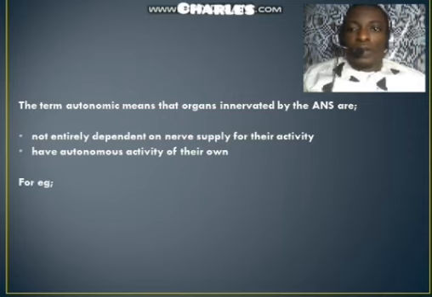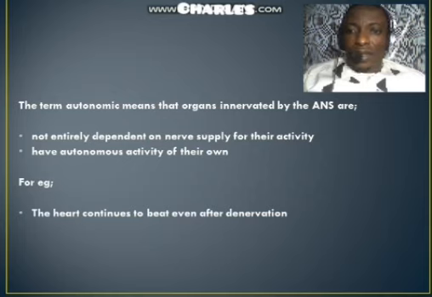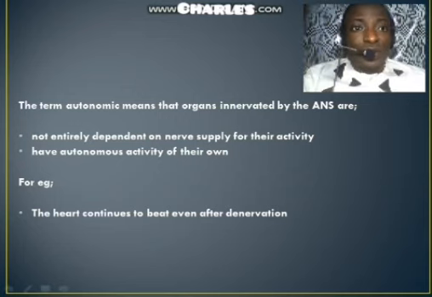For example, the heart continues to beat even after denervation. Denervation simply means the removal of all the nerves supplying the heart. Of course, the human heart is that organ that continues to beat, never stopping, never ending. And the autonomic nervous system does not produce heartbeats.